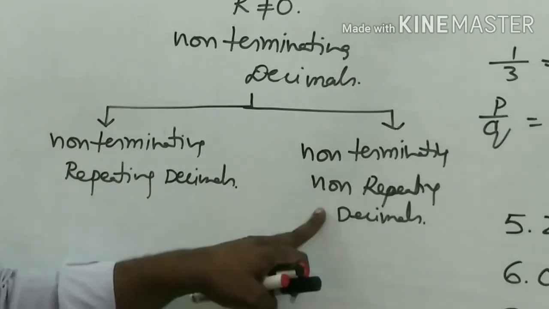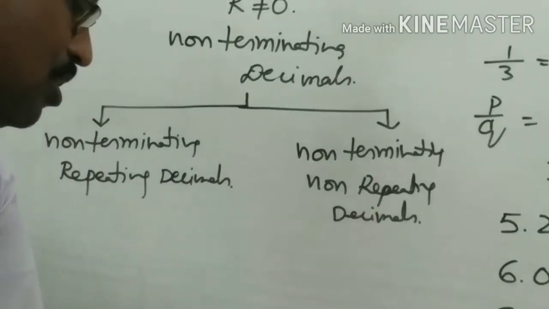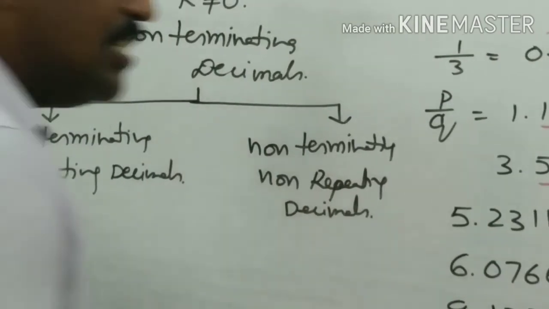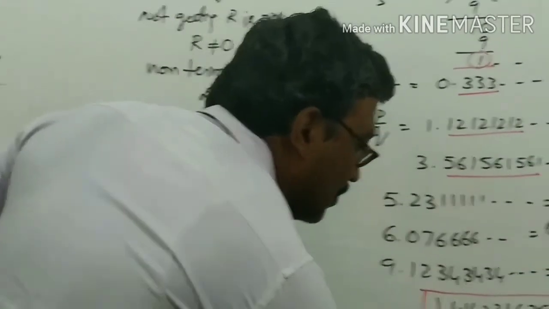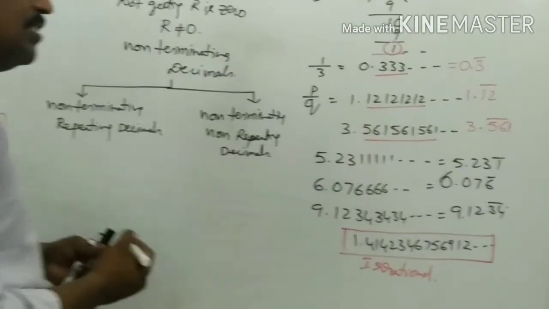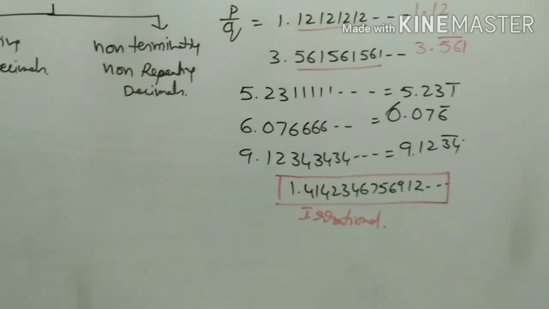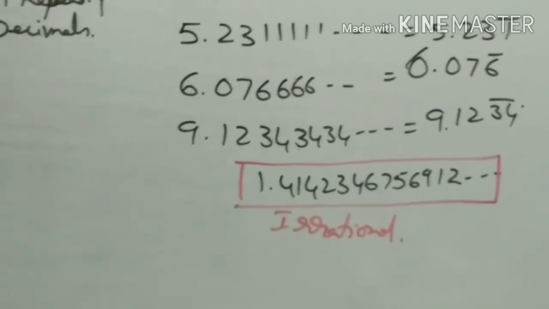First, let me complete this. Non-terminating, non-repeating decimals are known as irrational numbers.